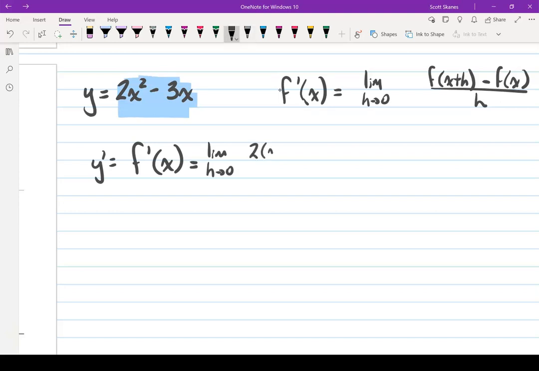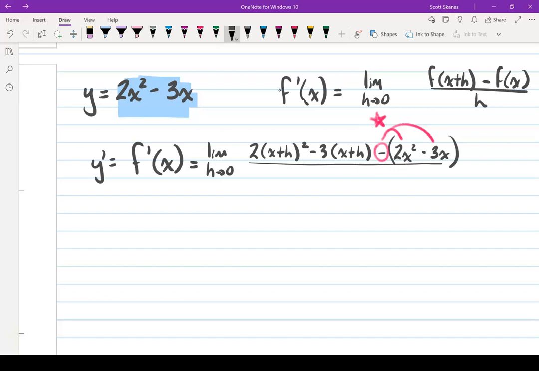So this is 2 times (x plus h) squared minus 3 times (x plus h), and then I'm going to subtract the function as it is. But the thing is, I'm basically subtracting out the whole function, so you've got to make sure that you are multiplying through by that negative. That's probably the hardest part of the question, to be honest. And then this is all over h.